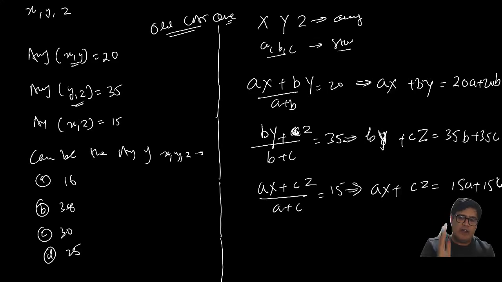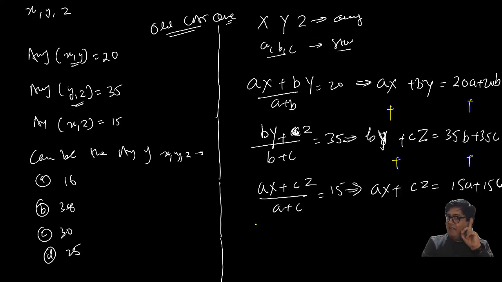And I have told you earlier in ratio proportions, also in percentages, whenever there's a cyclic pattern, see there's a cyclic pattern, aX, bY, cZ, aX, cZ, always add them. Always add the cyclic pattern. I'm adding this, and this.